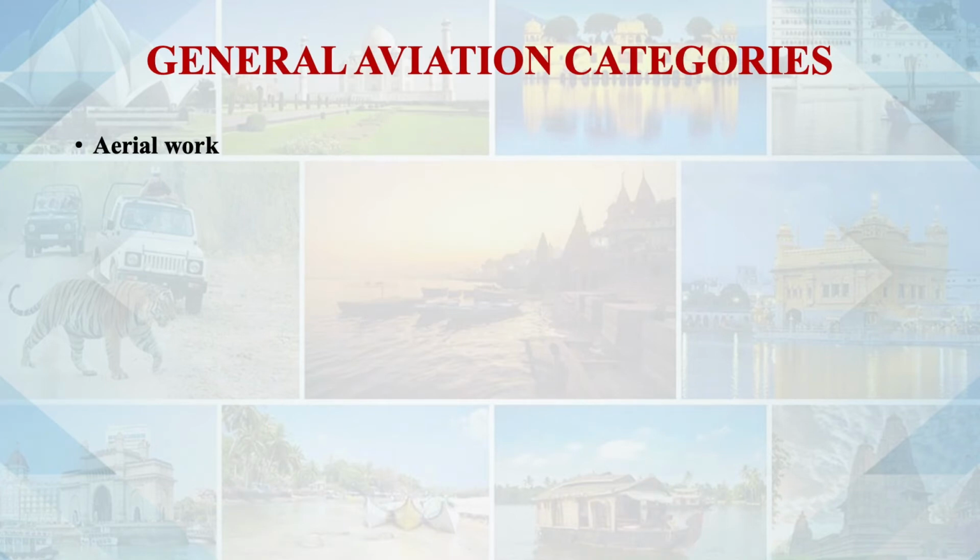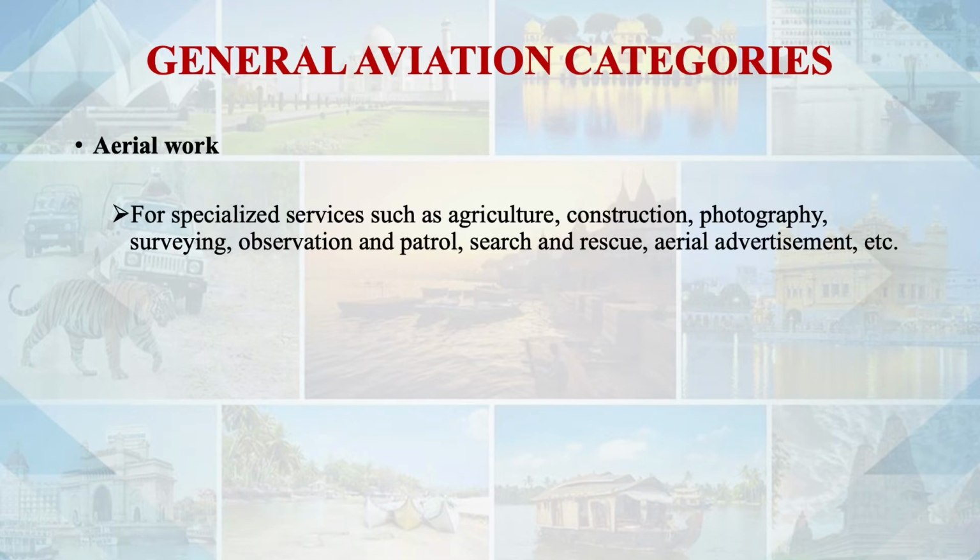So we discussed three categories: instructional flying, pleasure flying, business flying. Another category is aerial work. The work we do using flights for the purpose of agriculture, construction, photography, surveying, patrolling, police patrolling, observation of certain things, search and rescue, aerial advertisement, many things.